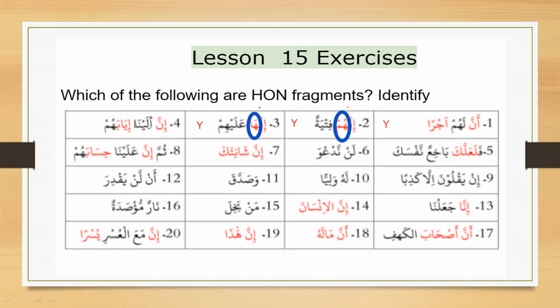But iyaba, the first one in the combination, is the ism in nasb status, so this is the ism of inna. Inna and iyaba together make a harf of nasb fragment with a distant relationship. Got it? Okay, let's go. And this one is also a harf of nasb fragment.